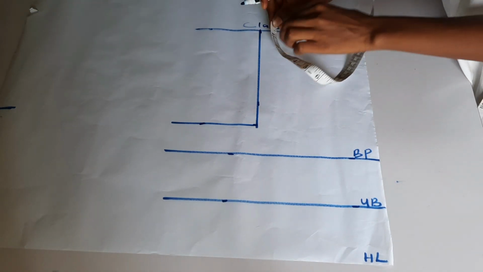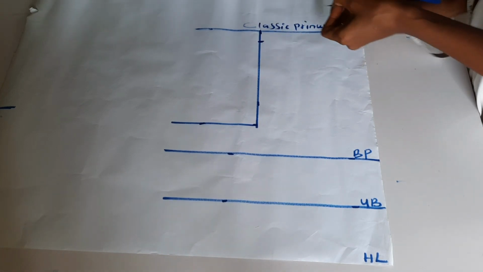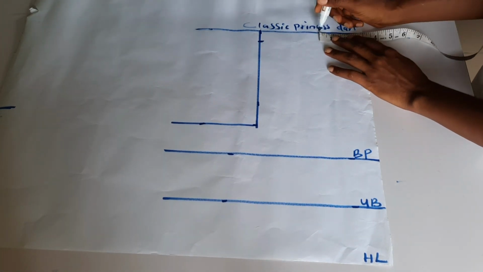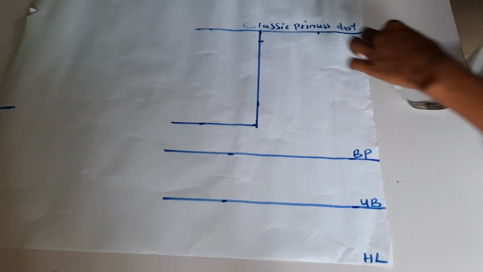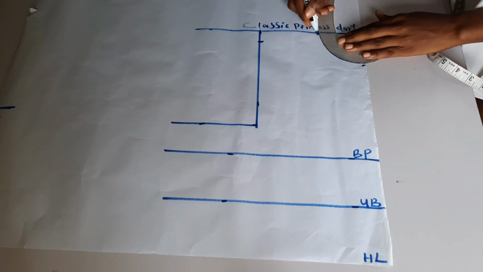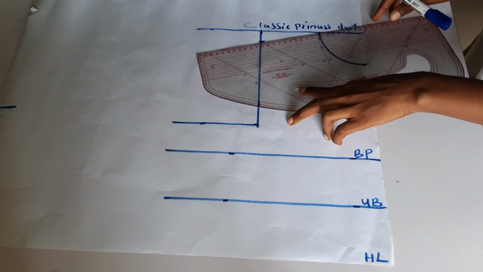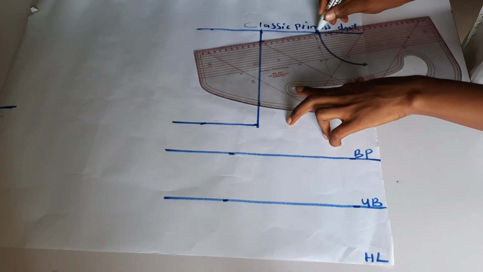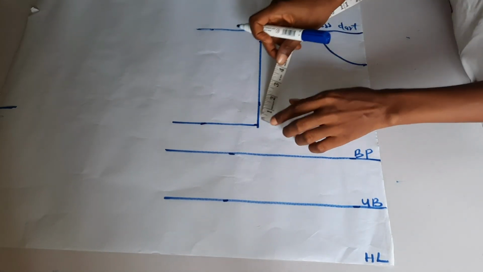Okay, on this point, I'm going to come down here by 1 inch. Like I said, watch our tutorial on how to draft a basic bodice. It will help you. So here, 3 inches, 3 inches. I'm actually going to run this over because we already have how to draft a basic bodice on the channel. So this is what we have. I'm going to divide this.